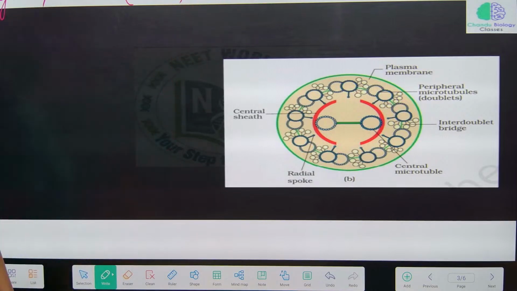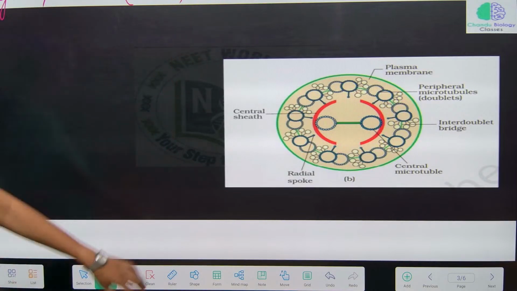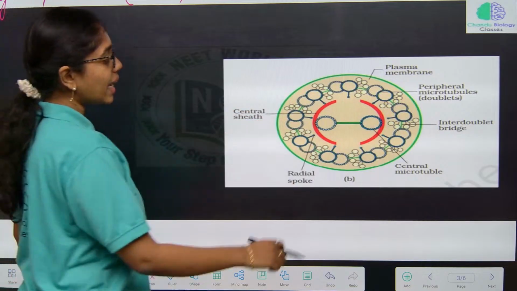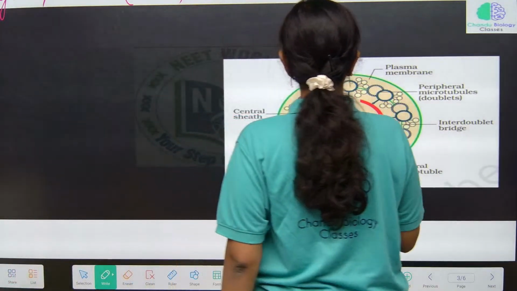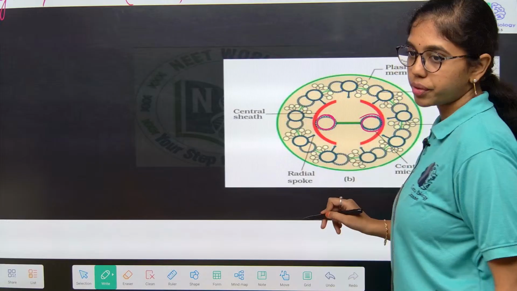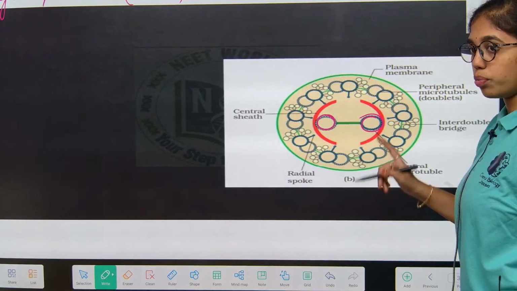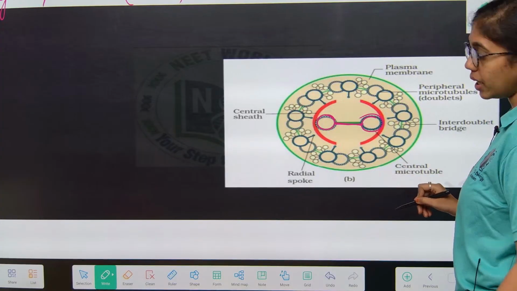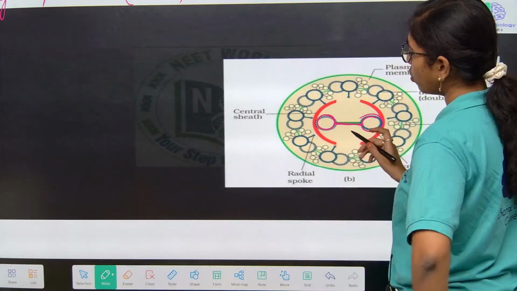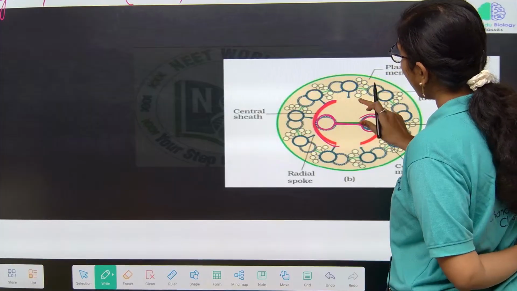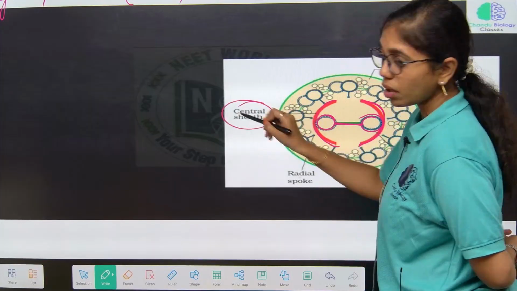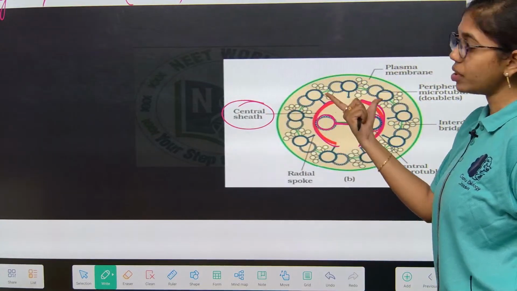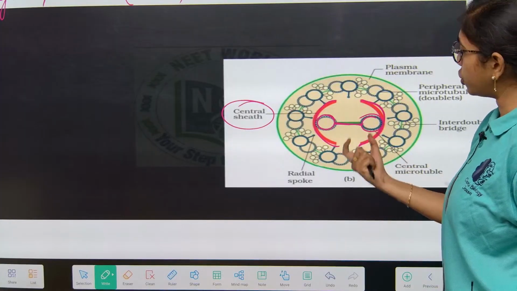At the center you have two central microtubules, connected by a proteinaceous filament. These two central microtubules are surrounded by a central sheath.